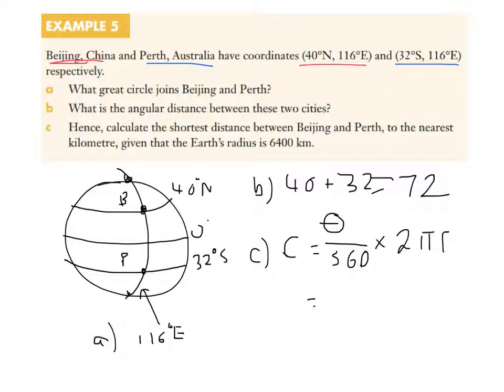And that angle in this case would be 72 degrees over 360 times by 2 times by pi times by 6,400, because that's the radius. Okay guys, so get out your calculators, give it to the nearest kilometre.